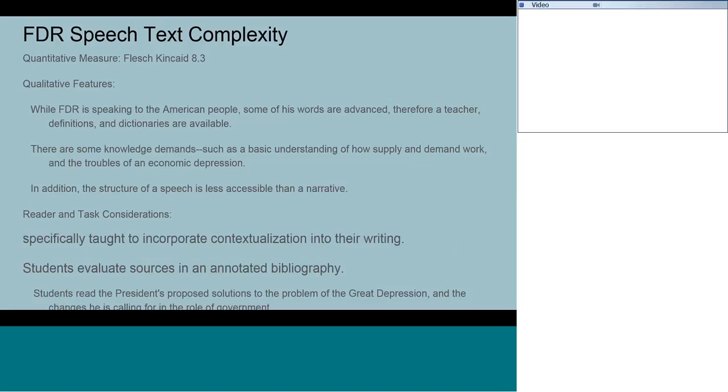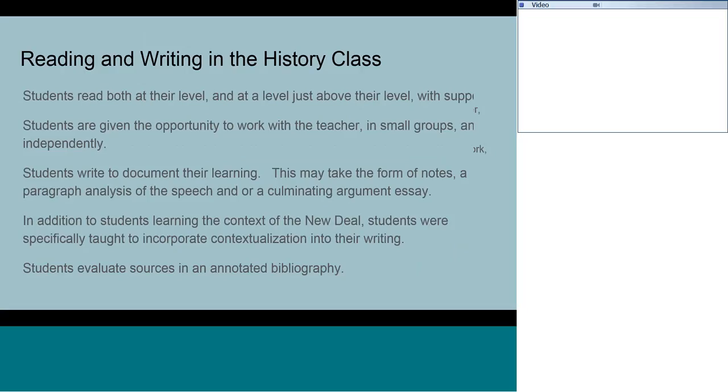Next slide, please. As far as literacy is concerned in the social studies, I have students reading frequently, sometimes independently, sometimes whole class, sometimes in a small group. I also have them writing frequently in order to document their learning.